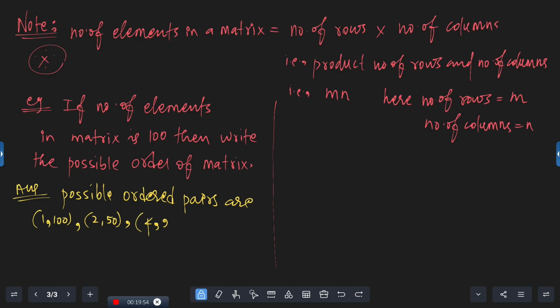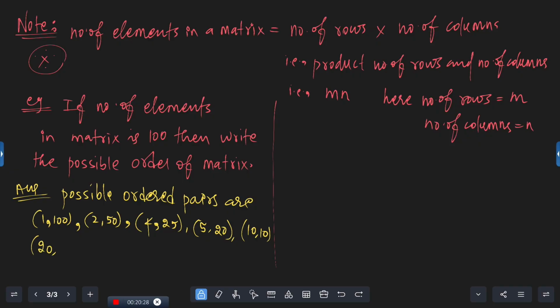No. 4 and 25 possible. 5 and 20, 6, 7 not possible. 8, not possible. 9 not possible. 10 means 10 comma 10. Understand? Like that.